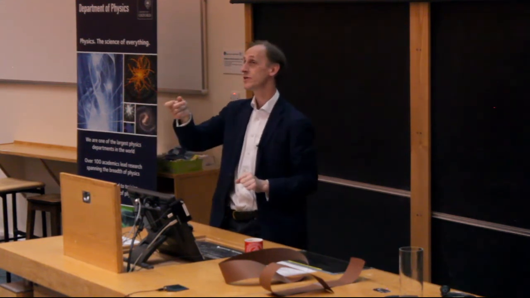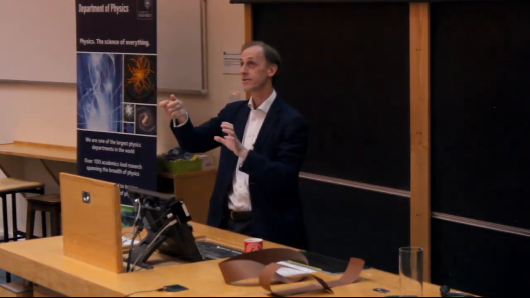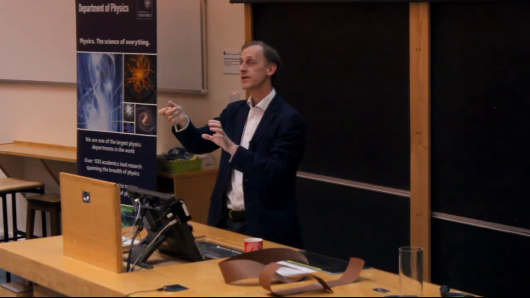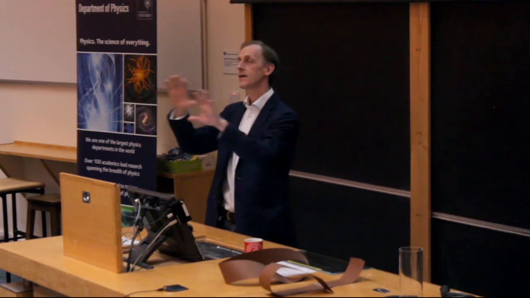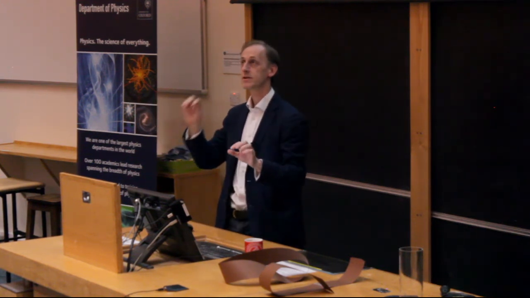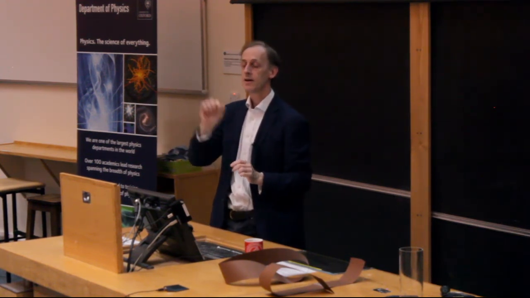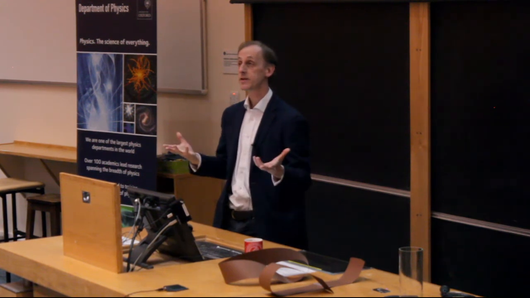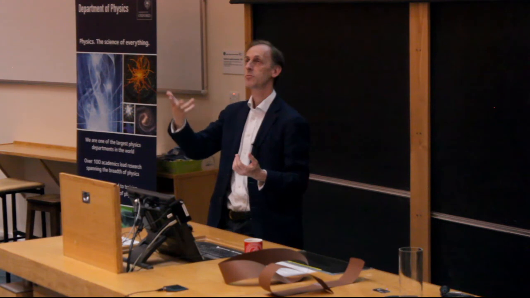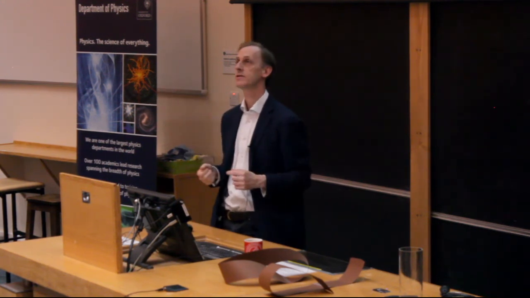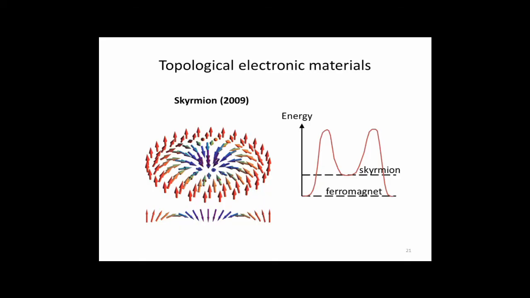And once you've introduced that defect, because it's topologically different, it takes a huge amount of energy for it to relax back into the surrounding matrix structure. So it's, if you like, locally stable. And you can see this might be important because it means that you can create states which are stable against weak perturbations. So you can create new states in materials. And this is one example of a topological material which is very topical at the moment.